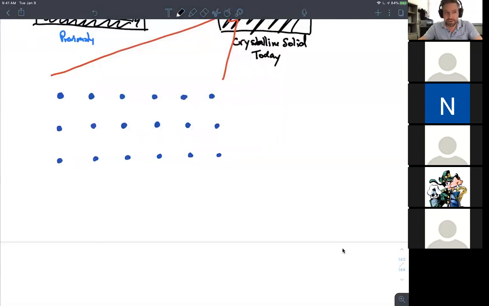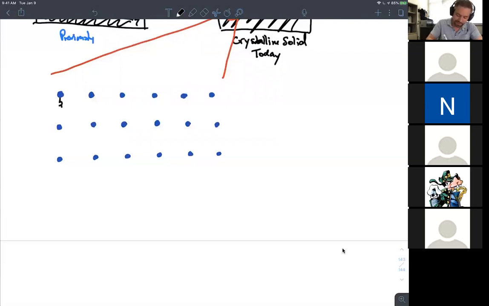Now, as you may have learned in some of your previous classes, whenever you have two atoms or molecules bound to one another, a really simple model for what that looks like is you can just think of them as connected by springs. All right, so we can think of every one of these atoms and molecules as held in place by a set of springs, which represent the bonds that hold the atoms and molecules together.